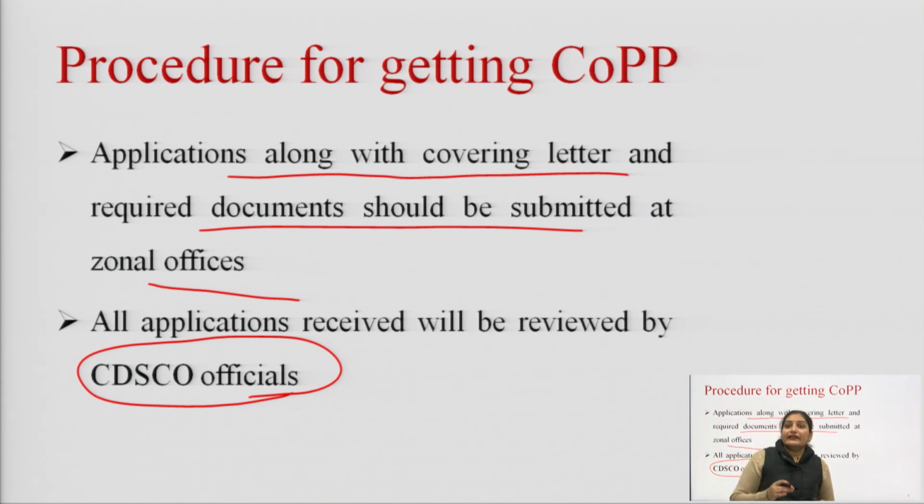Okay. Nowadays, most of the countries are following the format of CTD to get the approval of any license, or to get the approval for COPP. Okay. So, that CTD contains 5 modules, module 1, module 2, module 3, module 4 and module 5.